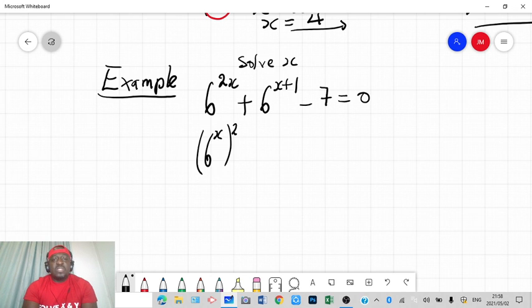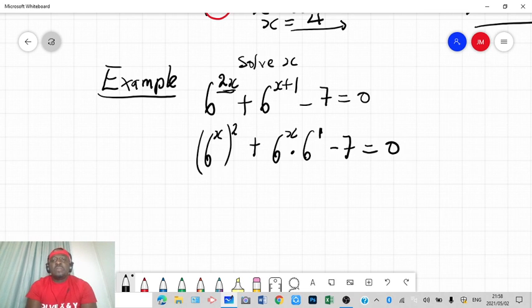Still the same, 2 times x will give you your 2x, and then move further and reverse this with the multiplication law. That is in section 1 we did the multiplication law, so you must remember this method. And now if you can see, I do have 6 to the power of x repeated in the equation.